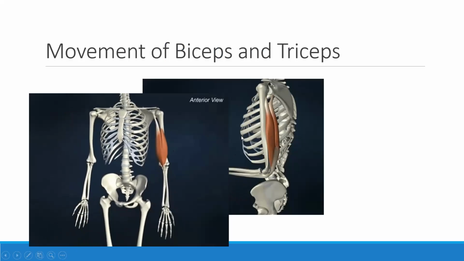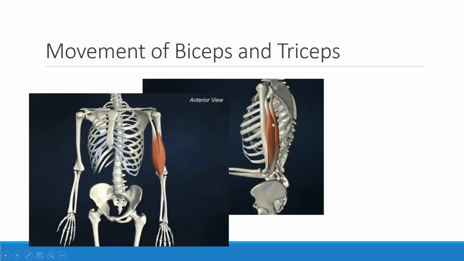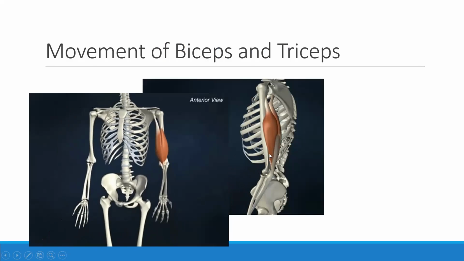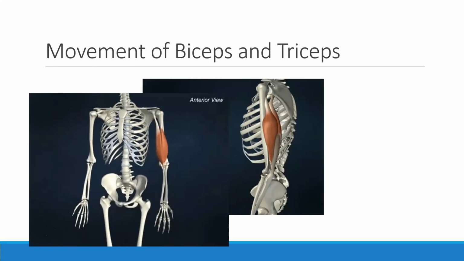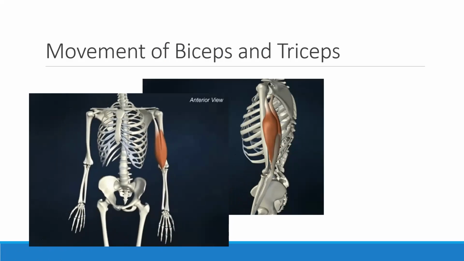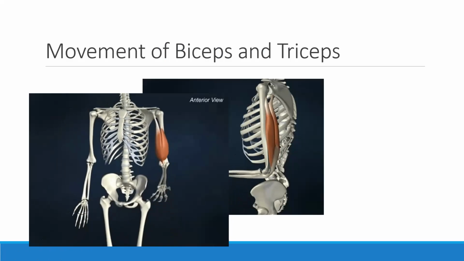Now, if we want to straighten that out and extend it, the triceps contracts and pulls on the olecranon process down here and straightens the arm out. When the triceps contracts, the biceps is relaxed. When the biceps contracts, the triceps is relaxed. So this is an antagonistic pair.